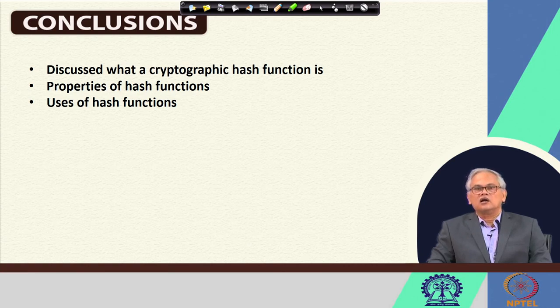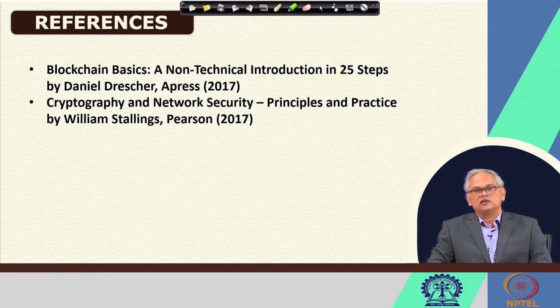So, these are the important points that were discussed in this lecture, and these are some of the references. One is the Blockchain Basics book that we have mentioned, which has supplementary material on the web which you can make use of. Also, you can get more details about hash functions from the book Cryptography and Network Security: Principles and Practice by William Stallings.